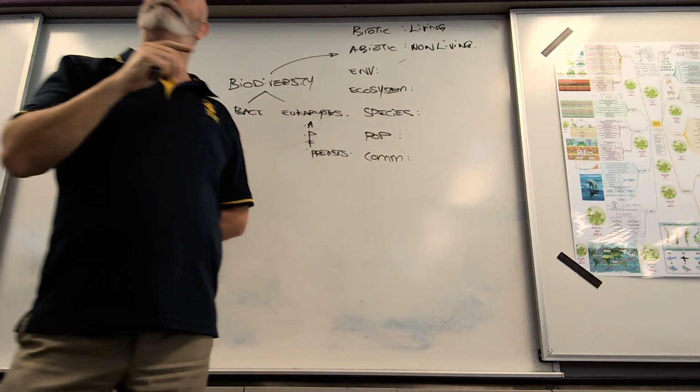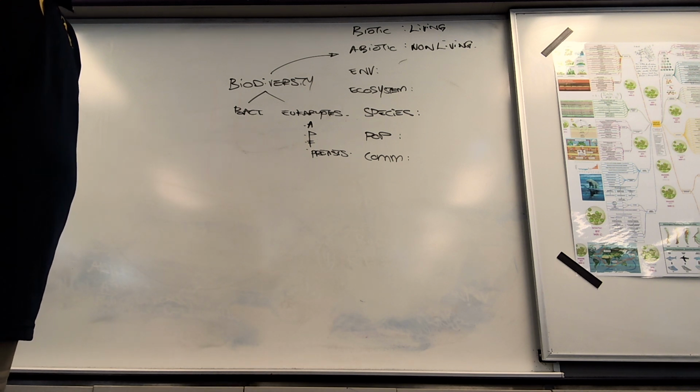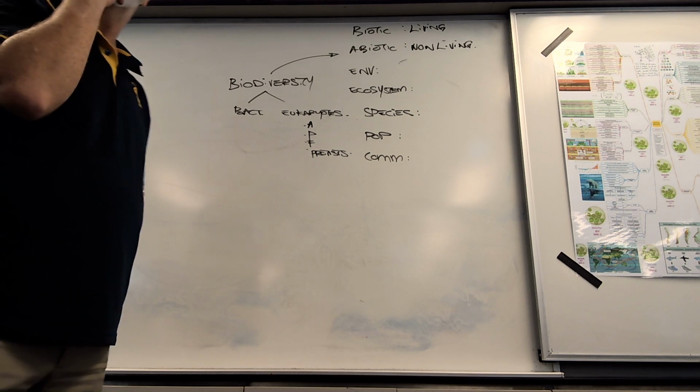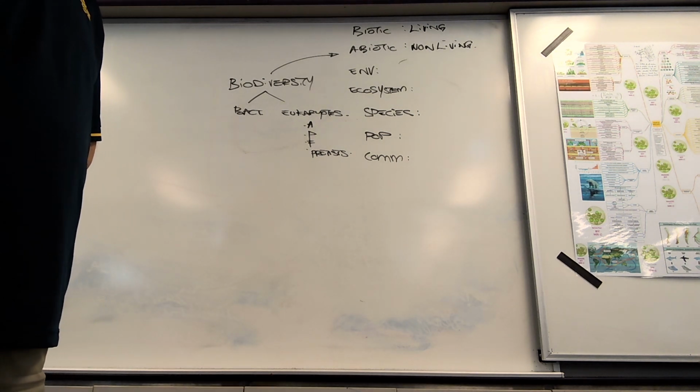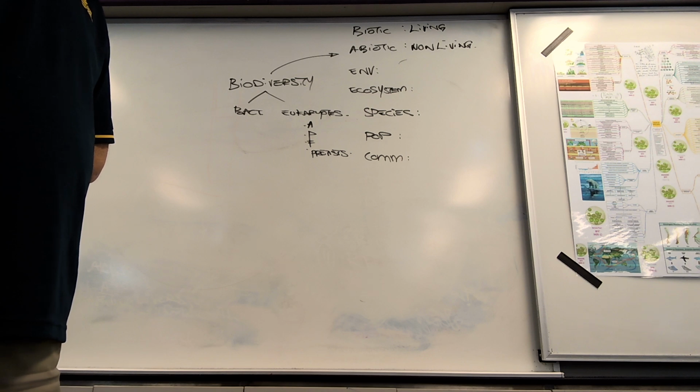What about the words environment and ecosystem? They are very, very similar. Who can give me the difference between an ecosystem and an environment? An ecosystem is made up of a bunch of different species. Yeah? Ish? Good generic answer. The environment is the list of biotic and abiotic factors. Yeah, and what's the ecosystem? The interaction. Well done.